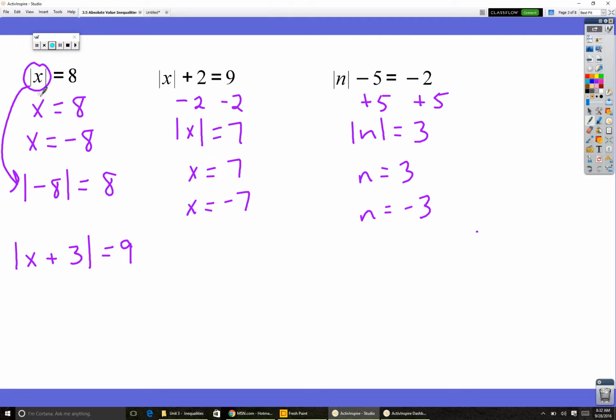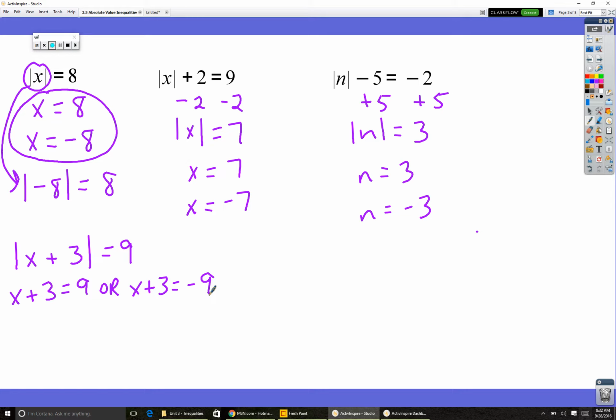So on the first equation, we wrote x equals 8, x equals negative 8. For this equation, we're going to write x plus 3 can equal 9, that's obvious, or the less obvious is that x plus 3 could equal negative 9. So whatever's inside that absolute value, if the sum of x plus 3 is negative 9, when we take the absolute value of that, that will be 9.